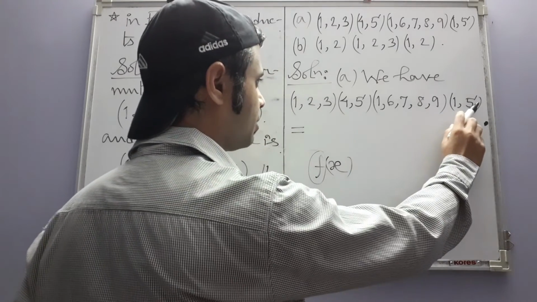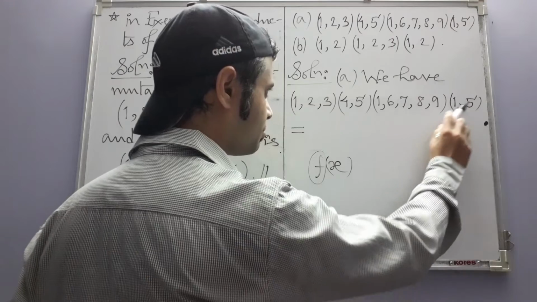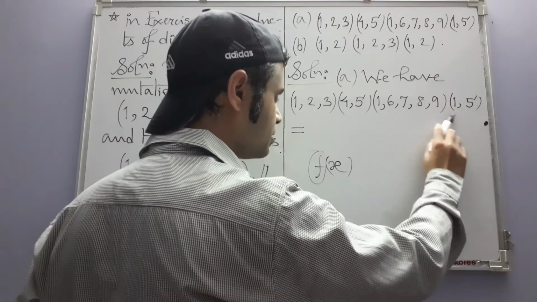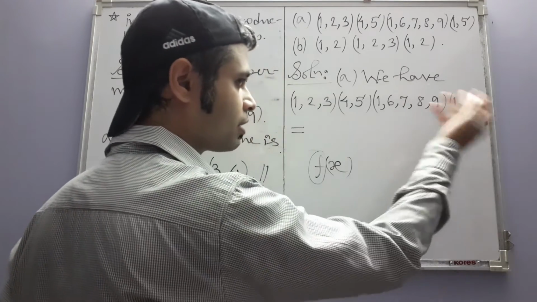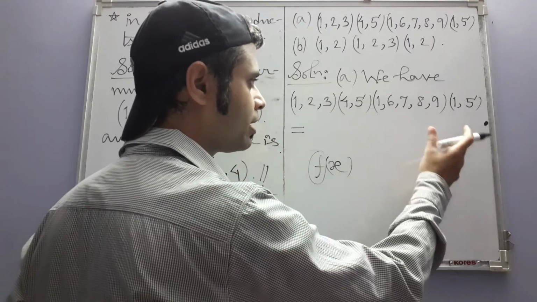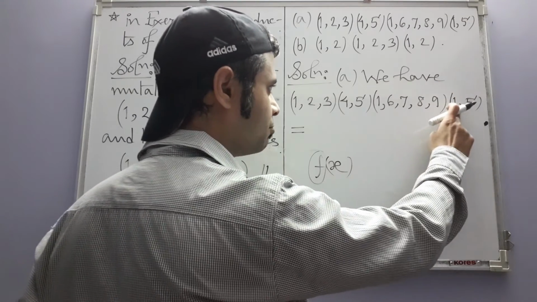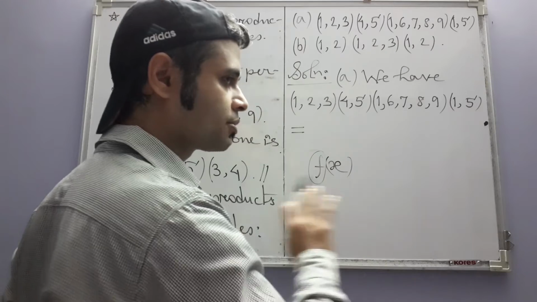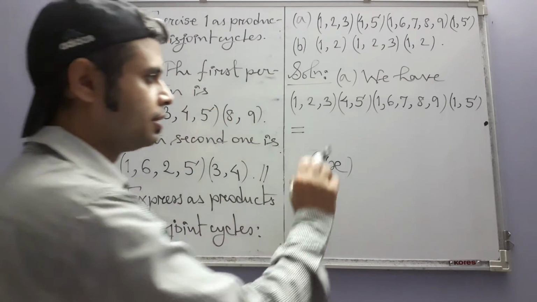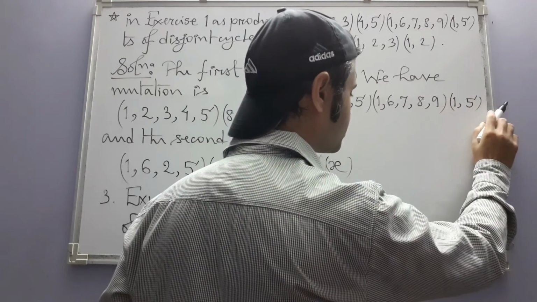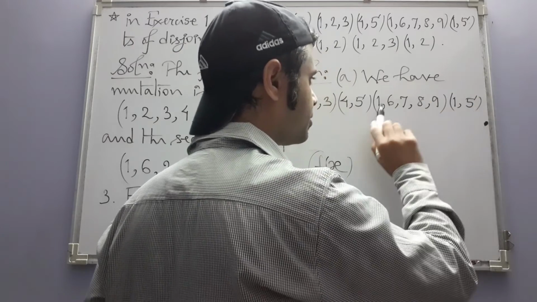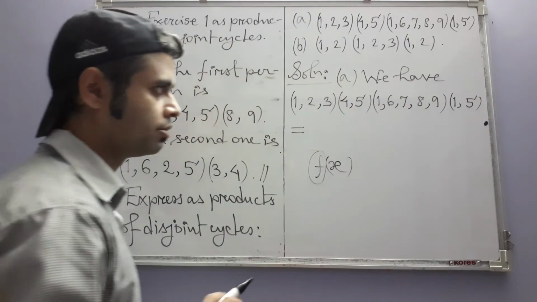That means you will have to start your calculation from this side, because this 2 cycle, which is after all a function, a particular type of function that maps 1 to 5 and 5 to 1 and keeps all the other symbols fixed, that you are applying on x first, and then on the result you are applying this function, and then so on.